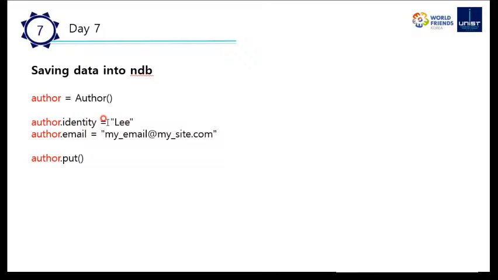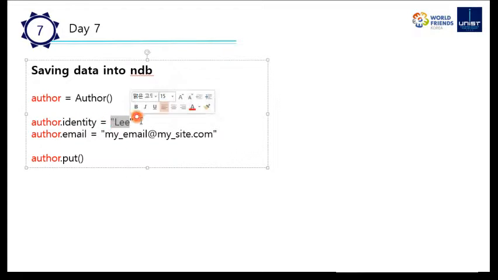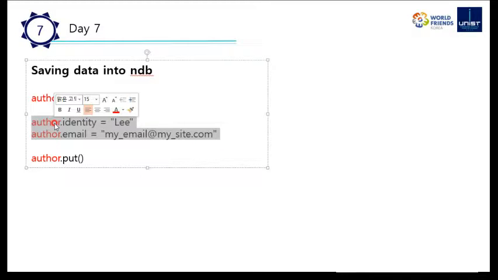And you can insert this value to author.identity and this to author.email. After setting the values, the last thing is to call author.put. When this is executed, this row of values is saved into ndb.